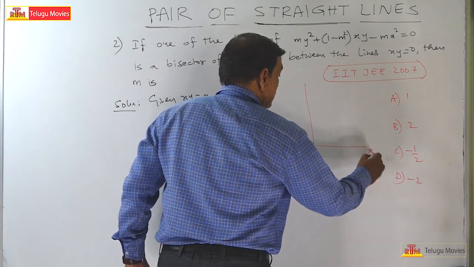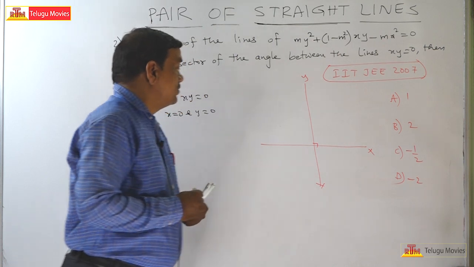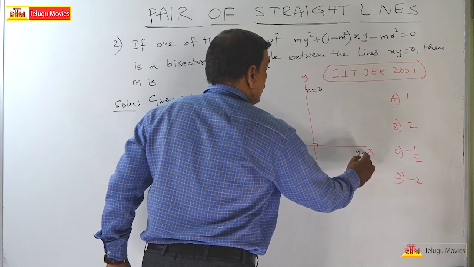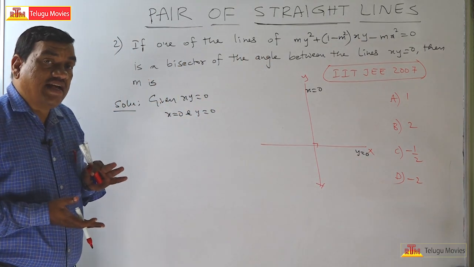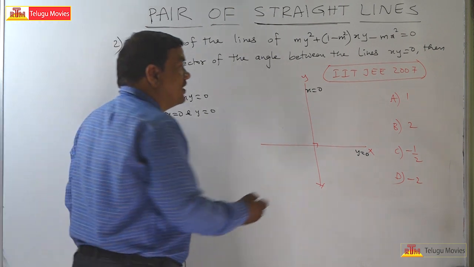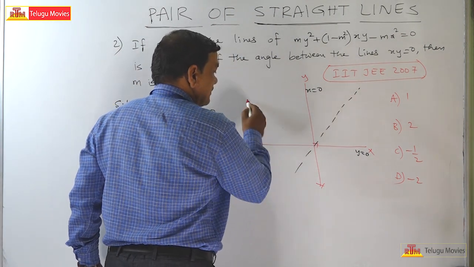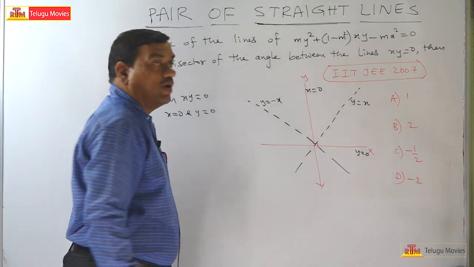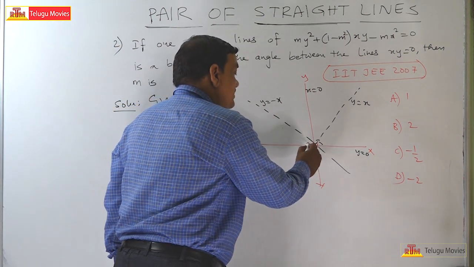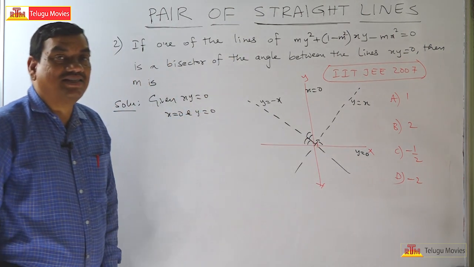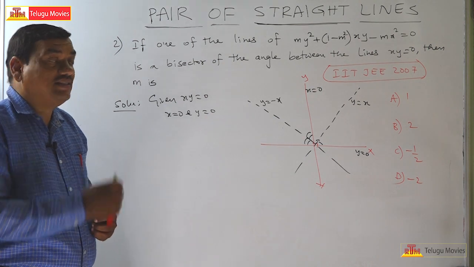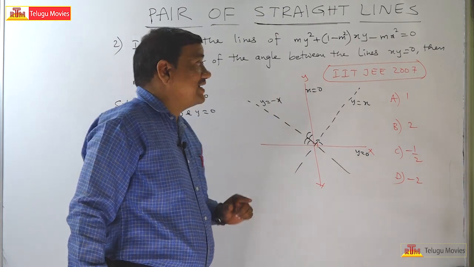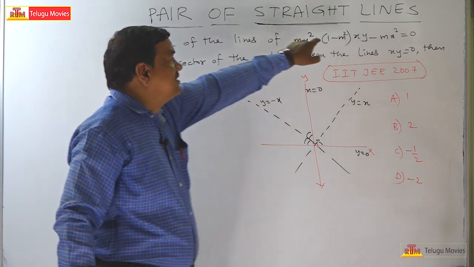the x-axis and y-axis. So here x is equal to 0 and y is equal to 0. For these coordinate axes, what is the angle bisector? What is the equation of the angle bisector? This is very clearly y is equal to x, y is equal to minus x. Y is equal to x is one angle bisector, y is equal to minus x is another angle bisector. Okay. Now he is saying one of the lines, either y is equal to x or y is equal to minus x, is in these lines.